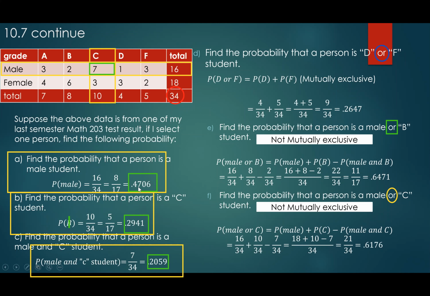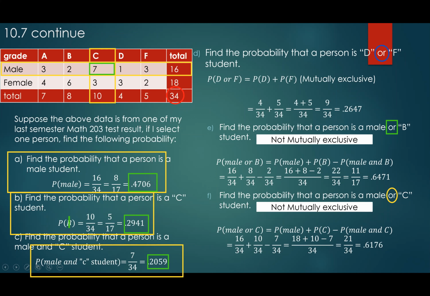If you take 0.4706 plus 0.2941 minus 0.0459, you should get something close to 0.6176. The reason I say close is because I rounded them, so sometimes it's a little bit off.